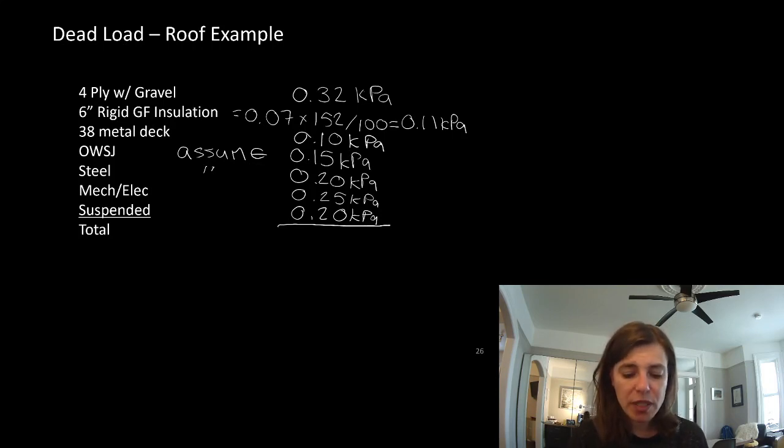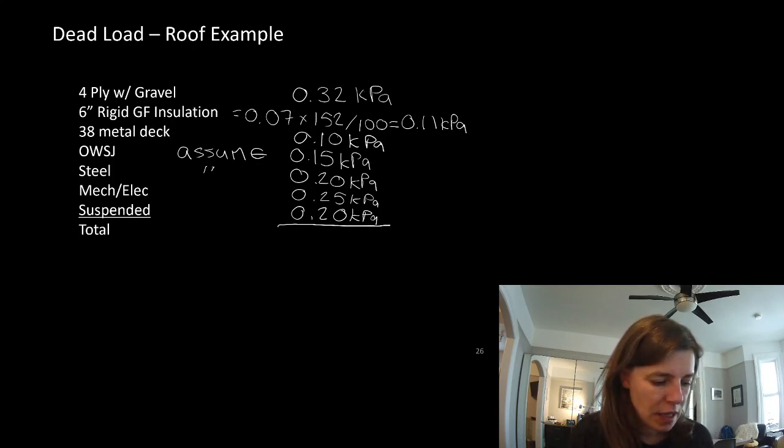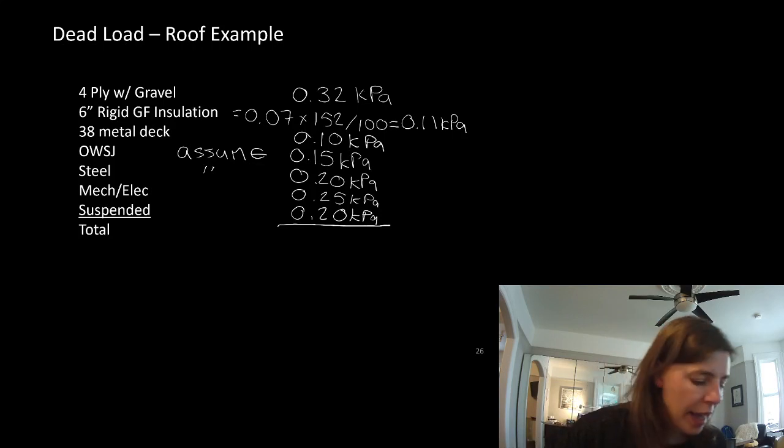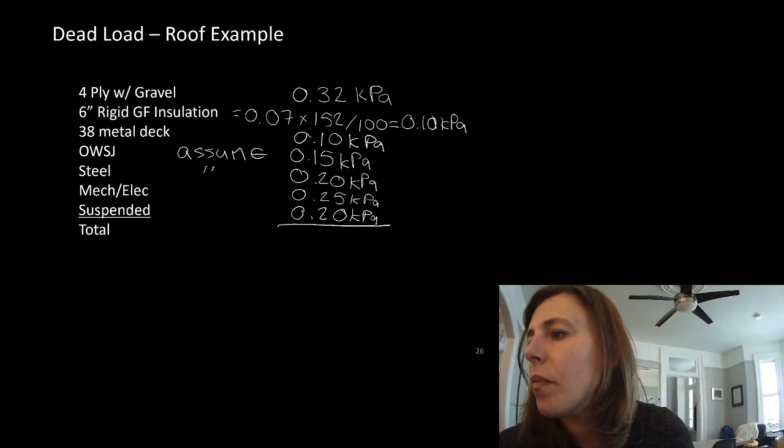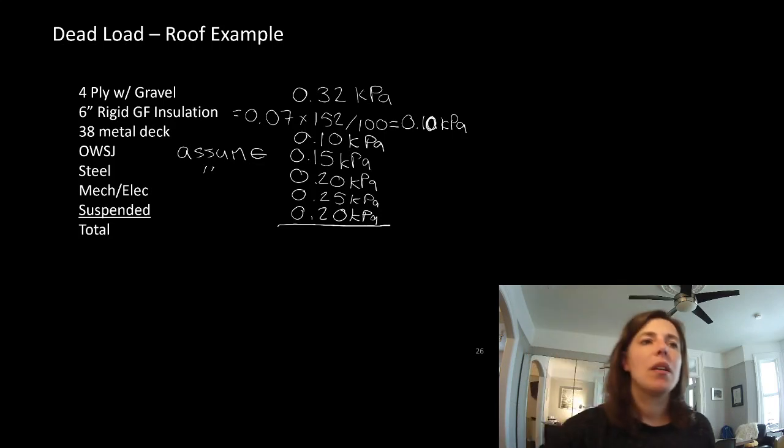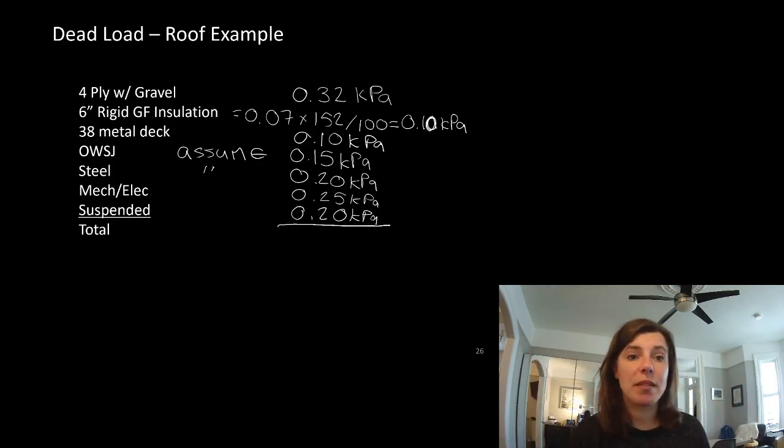So we have 0.32 plus 0.11. Actually, it looks like when I did this, I used 150 millimeters and rounded down. So just to be consistent with the rest of the notes, we're going to use the 0.1 there.